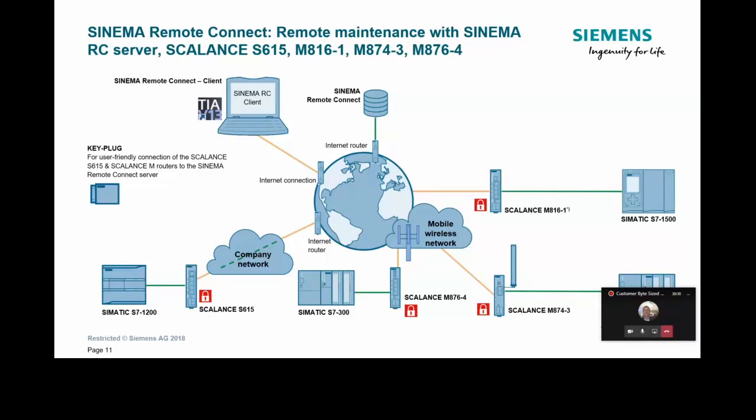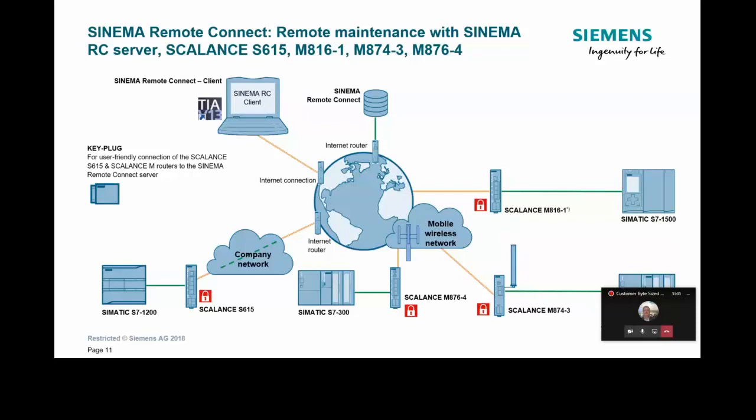We have the 3G and the 4G units on the bottom right, at the 6 o'clock position, and then we have the unit talking via a customer's line on the right-hand side. The interesting thing about this is that people often ask about further enhancing their security when they're talking to a remote device. So I touched on beforehand that you have to have a key plug which has a license in. So some people decide that they're not too happy about the device sitting there being on all the time.